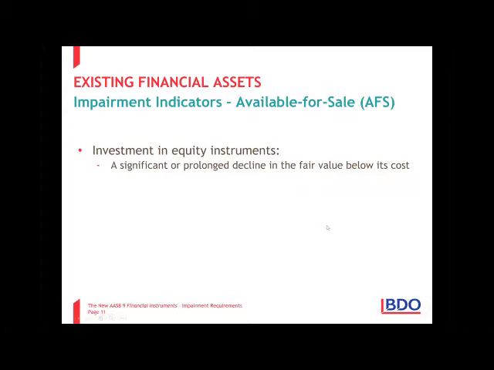So it's a little bit of a double whammy. So I thought at this stage, maybe I should ask the question, how many of you currently have investments in available for sale financial assets and then also experience potential impairment issues?